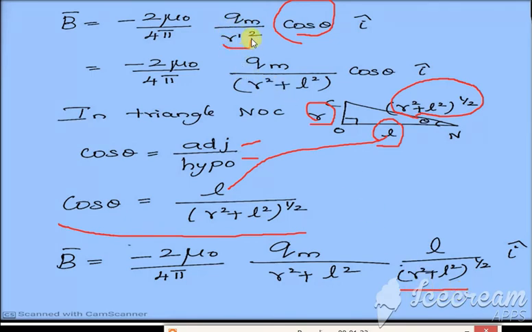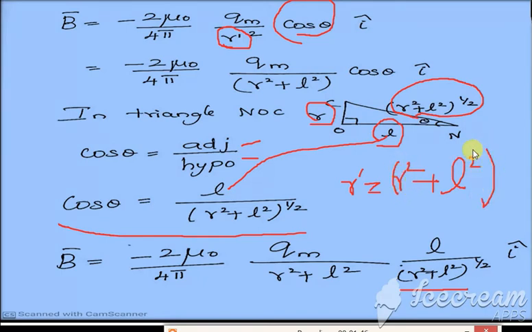Moreover, instead of r dash, as we know already, r dash is equal to what? r square plus L square the whole power 1 by 2, is it not?